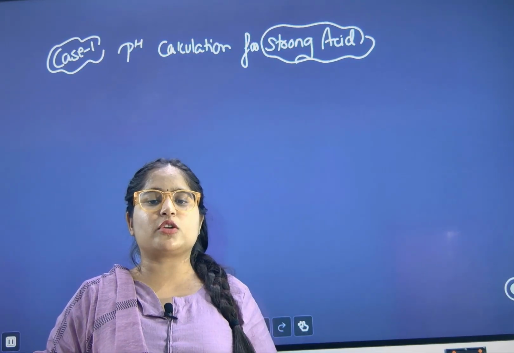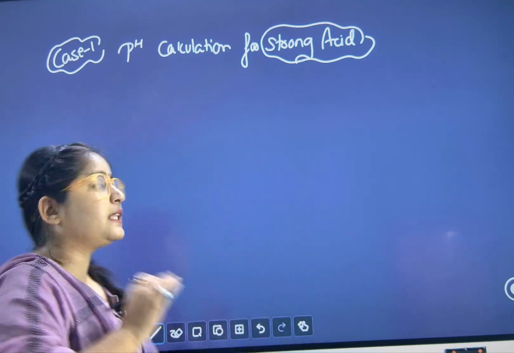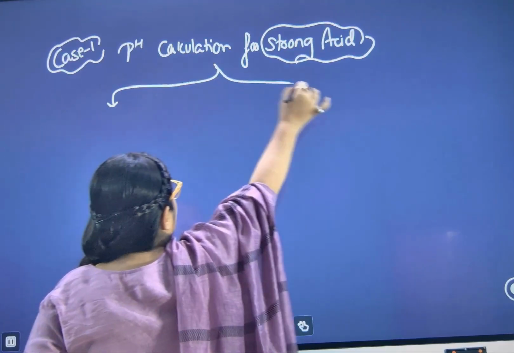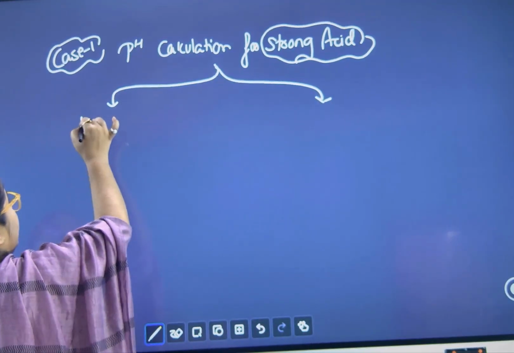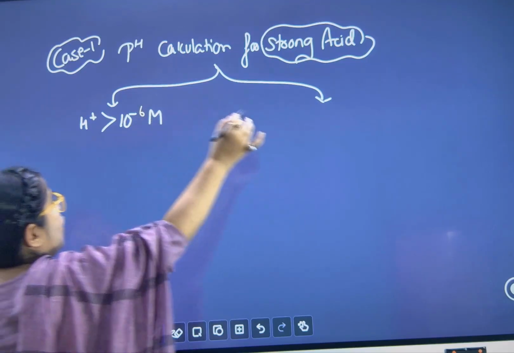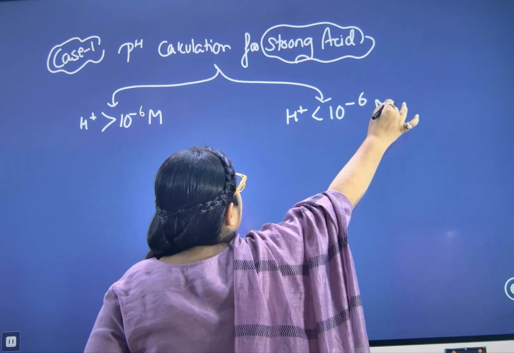Keep in your brain that H plus ion is either greater than 10 to the power minus 6 molar or H plus ion is less than 10 to the power minus 6 molar.